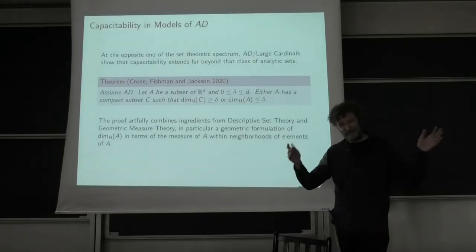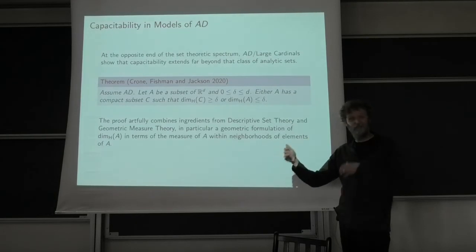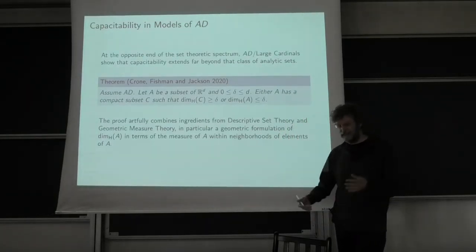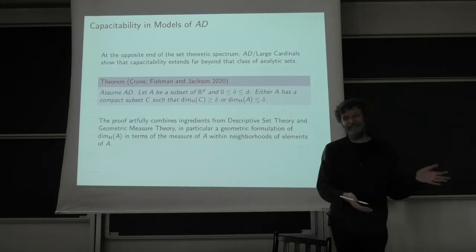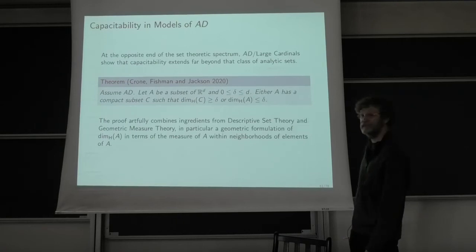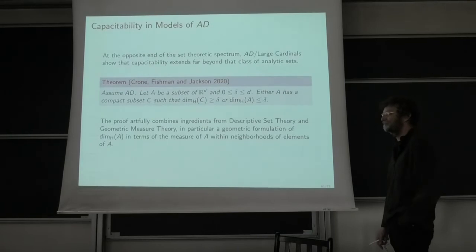Okay, so the question about capacitability engages with the large-scale structure of the universe of sets. Capacitability just for co-analytic sets engages the large-scale structure of the universe of sets. That's, to me, a rather surprising fact.